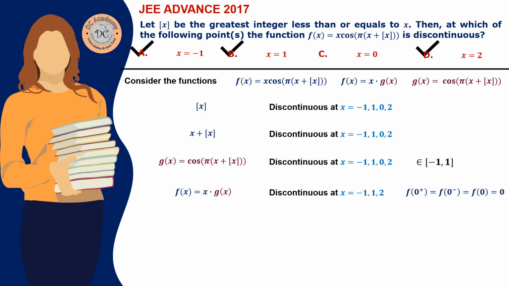But suppose in some function, when we are talking about x times g(x), g(x) can have infinite values, then we have to think a little more carefully. Why? Because 0 times infinity is undefined. But here the cos value cannot attain an infinite value in this particular case. So we can easily conclude this statement.